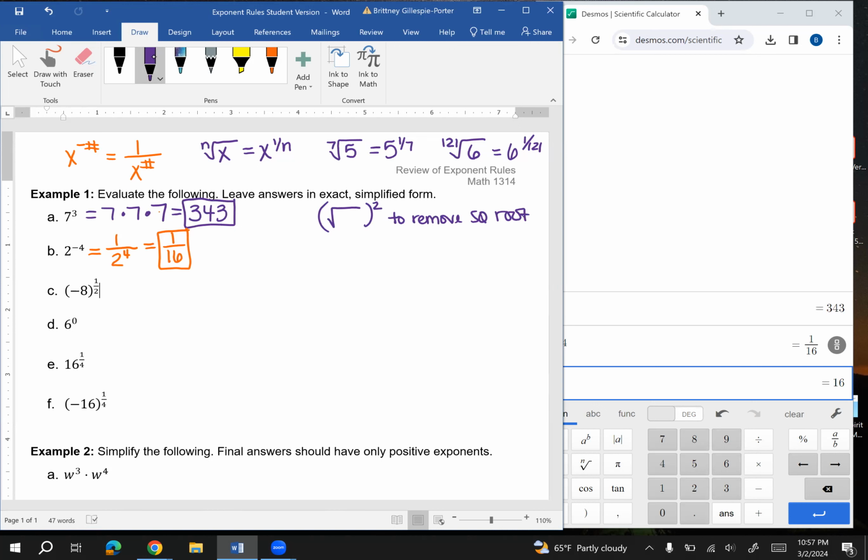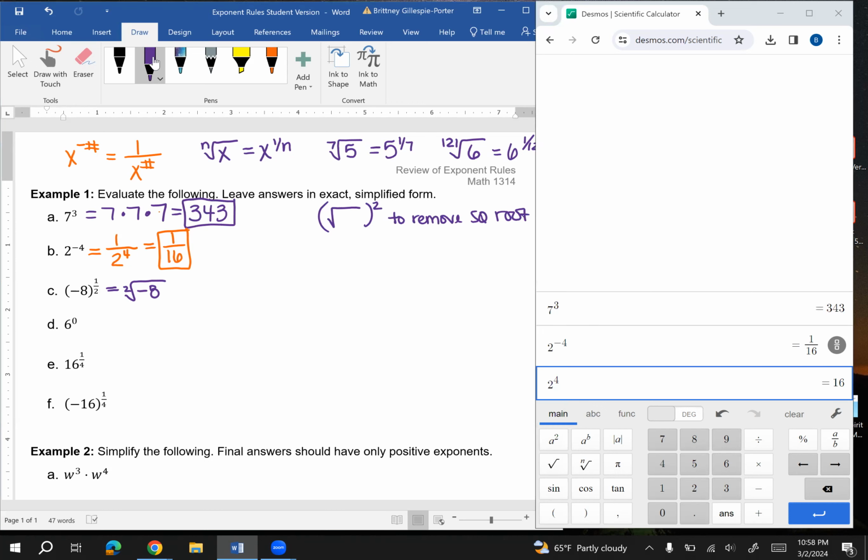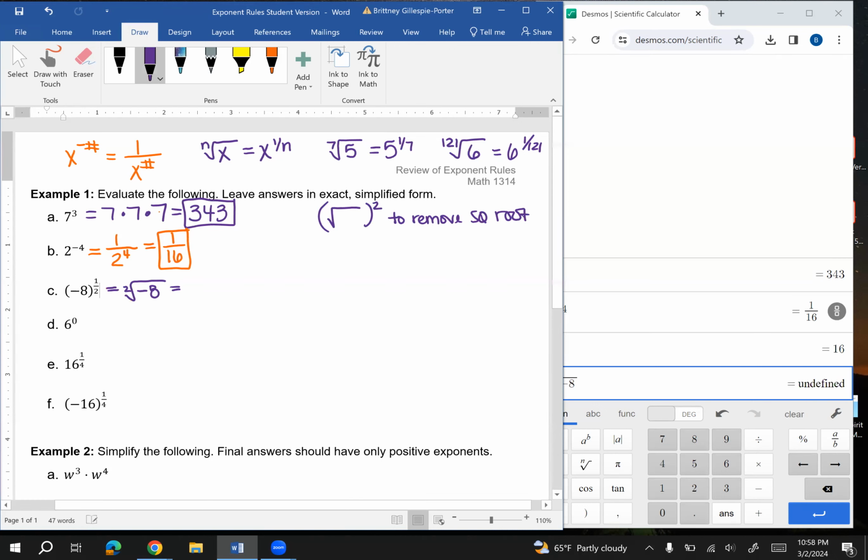So I can rewrite this with the square root. My -8's on the inside, the 2 is on the outside. So now we're looking to take the square root of -8. If we take the square root of -8, it says it's undefined.